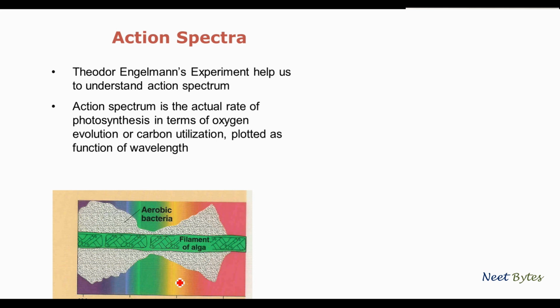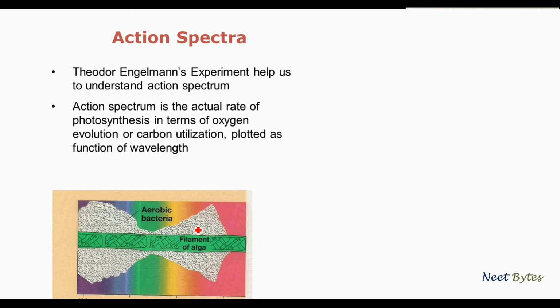What does it signify? It signifies that the absorption peak is in the blue region and the red region. That is, the maximum amount of photosynthesis from absorbed light occurs in the blue and the red region. This is how the action spectrum is obtained. Of the total incoming light, only a part is utilized for photosynthesis, and the part that is utilized constitutes the action spectrum.